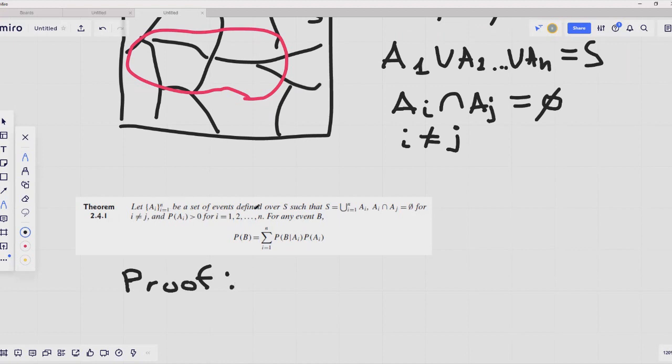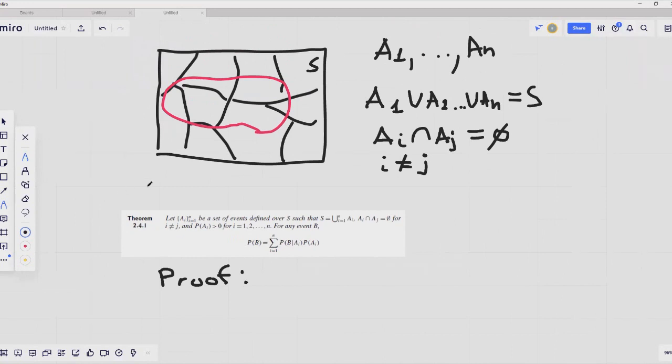So we have Ai's. This is a set of events that is defined the following way. The union of them is the whole sample space. They are mutually exclusive. Then for any event B, we can calculate it using the following conditional probability of B given A. Now, let's take a look at the following sample space S and our event B. You can see that event B can be merged from its intersection with those partitions Ai's.